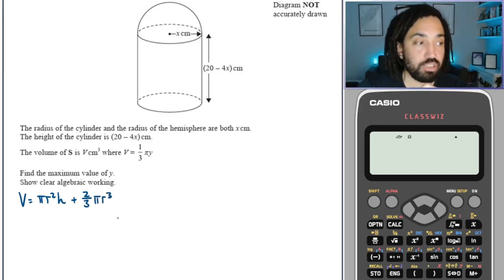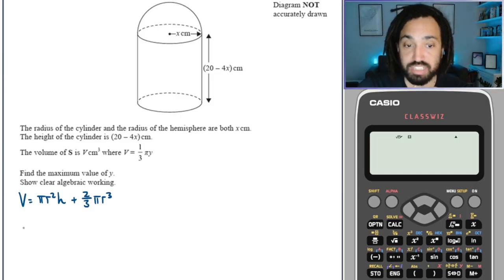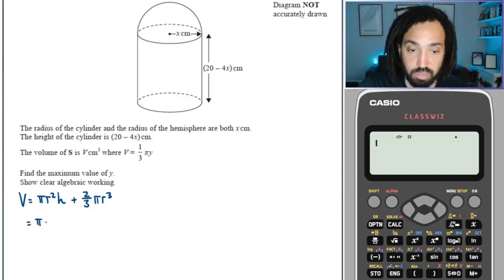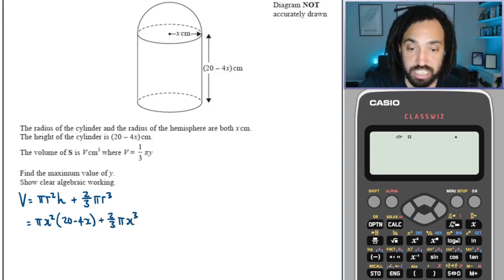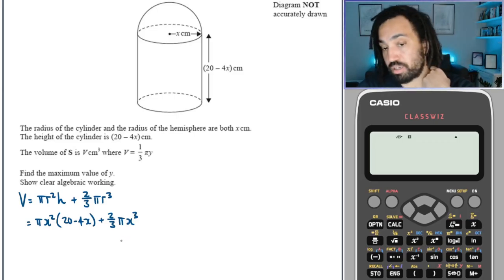Okay, so those are the formulas. We know r is x in this, so I can write x squared, and I know h is 20 minus 4x. And again, r is x, so that's x cubed. Okay.